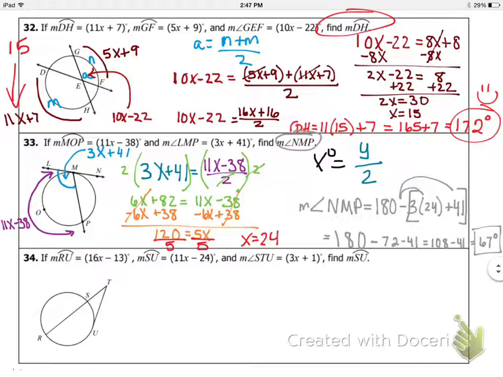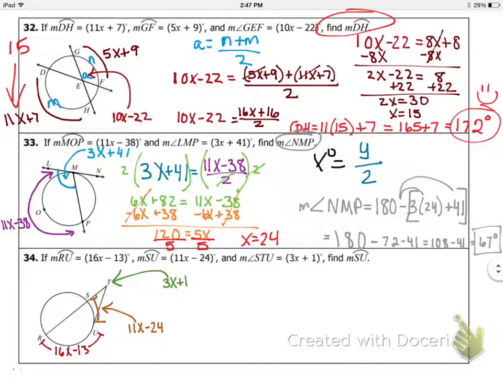Okay, and then 34. If the measure of arc RU is equal to 16x minus 13, and arc SU is 11x minus 24, and angle STU is 3x plus 1.